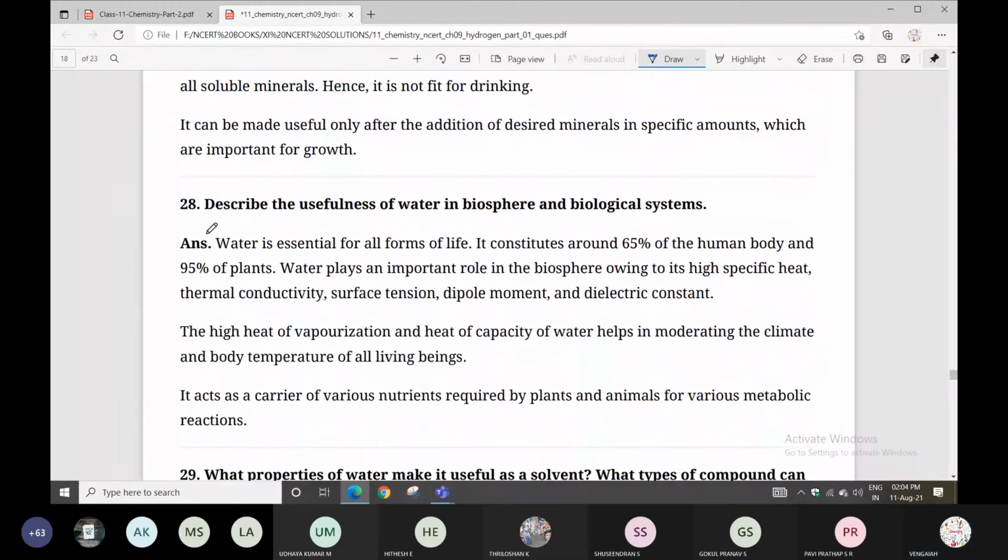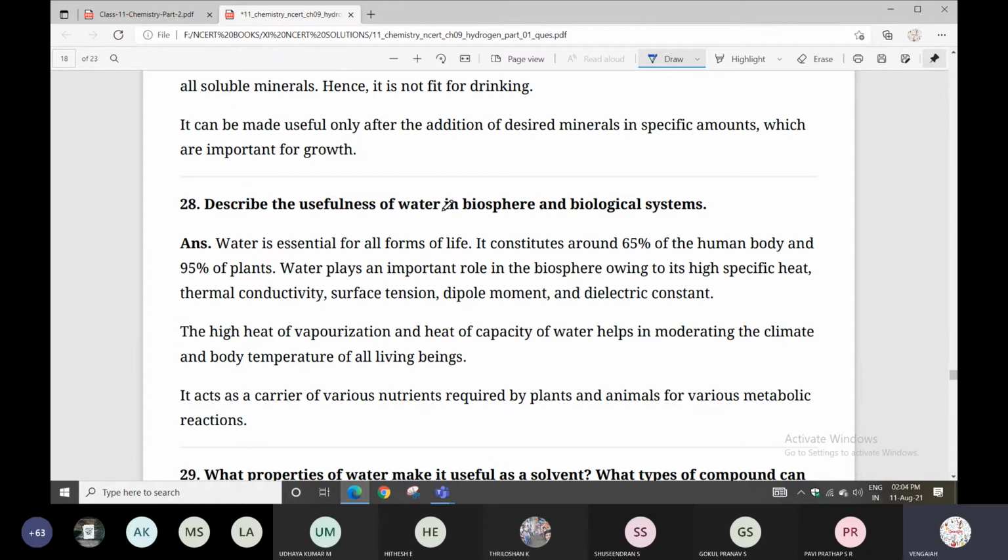Describe the usefulness of water in the biosphere and biological systems. Water is essential for all forms of life. It makes up around 65% of the human body and 95% of plants. Water plays an important role in the biosphere owing to its high specific heat, thermal conductivity, surface tension, dipole moment, and dielectric constant.